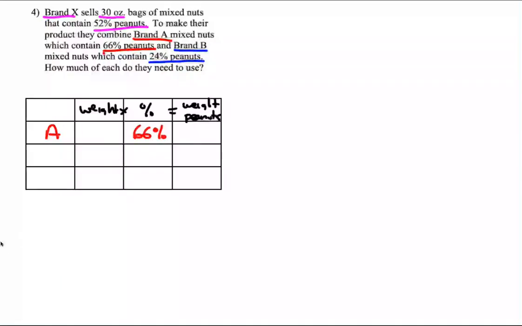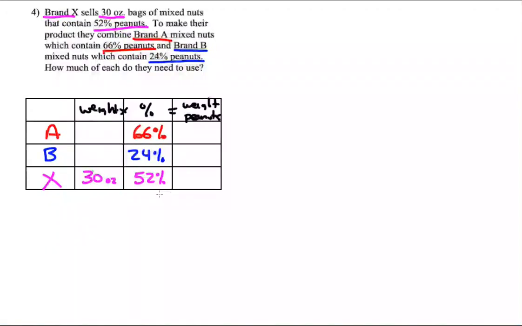We have brand B, which contains 24%. And we have brand X, which weighs 30 ounces and contains 52%.